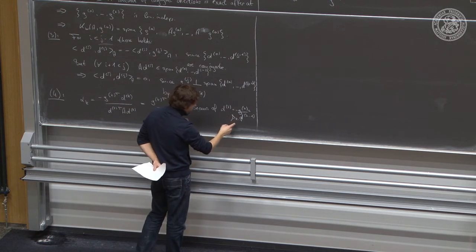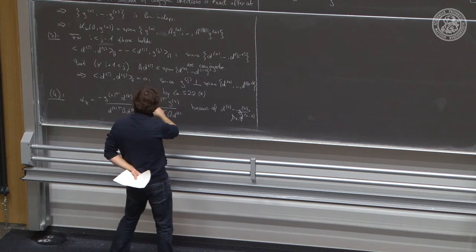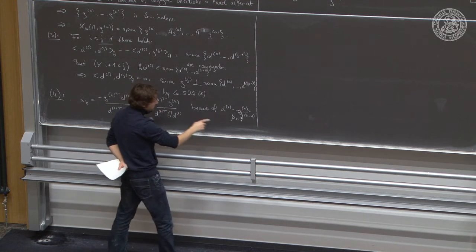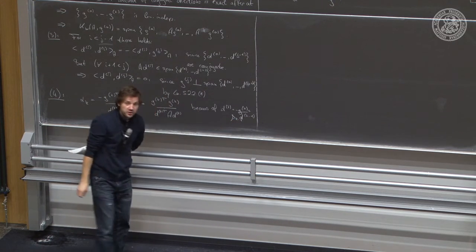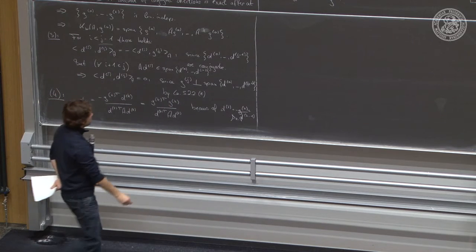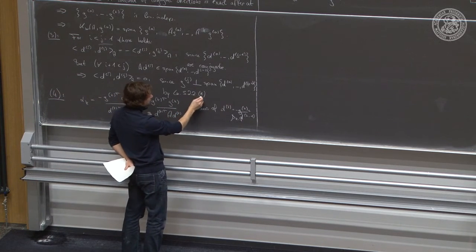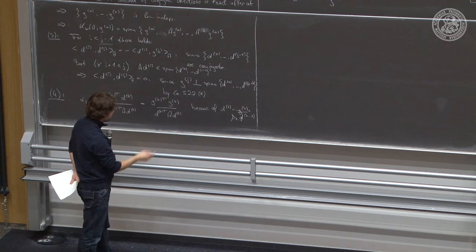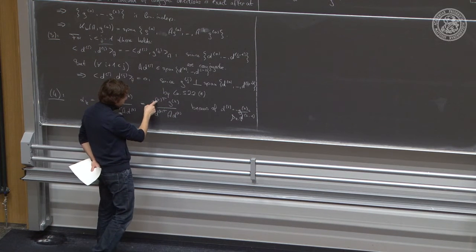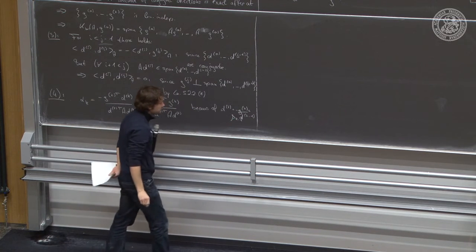So the assertion is that g_k transpose times d_{k-1} vanishes, but again, this is the formula of lemma 5.2.2 star, that the scalar product of g_k and d_{k-1} is 0.